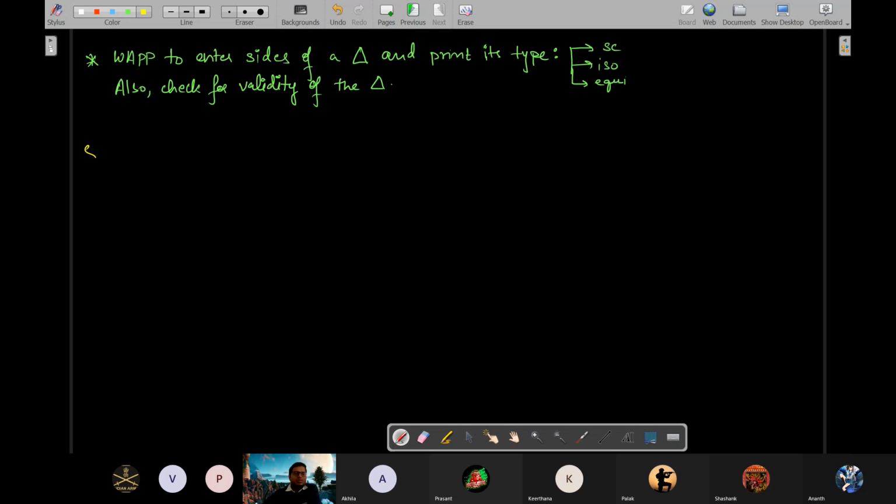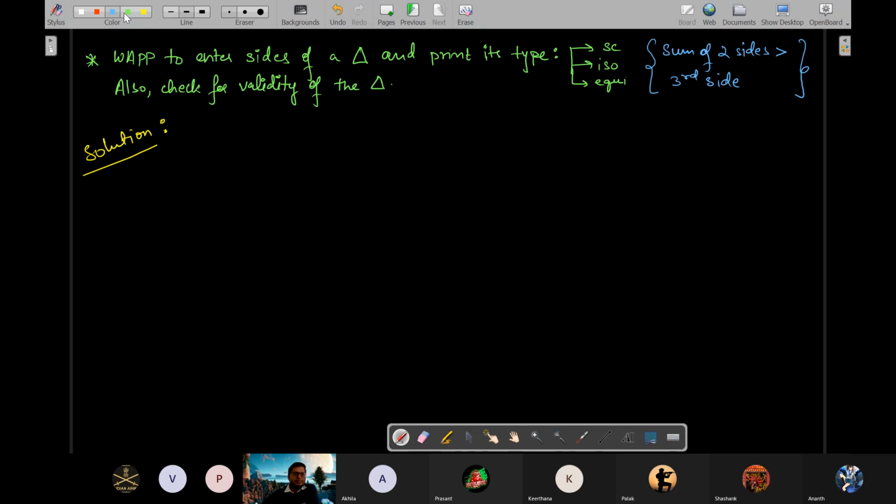Right. So very easy question. So what we are going to use here? Sum of two sides is always greater than the third side. Okay.